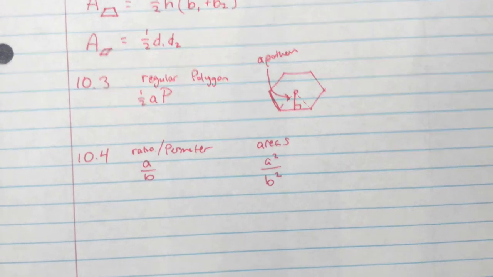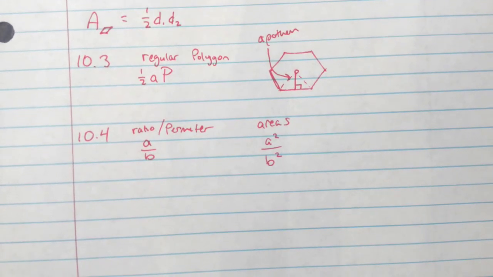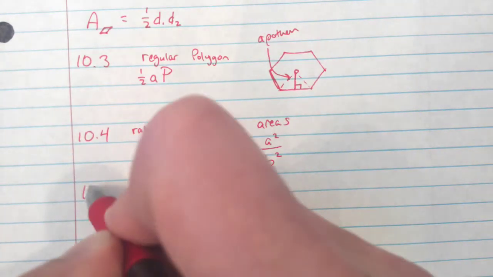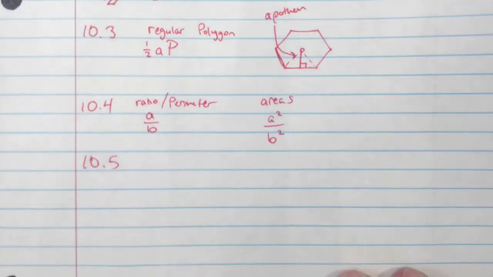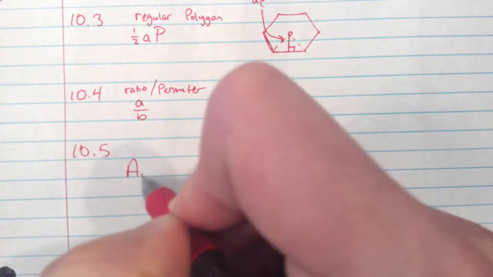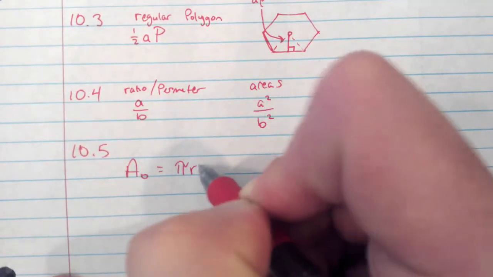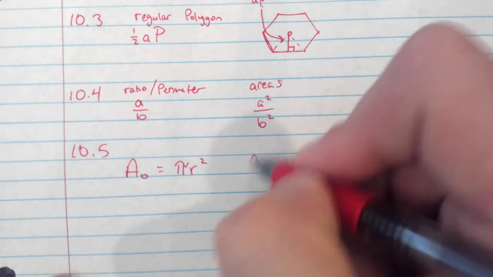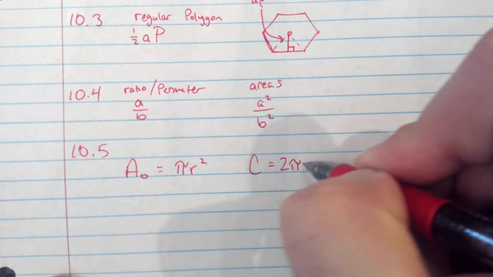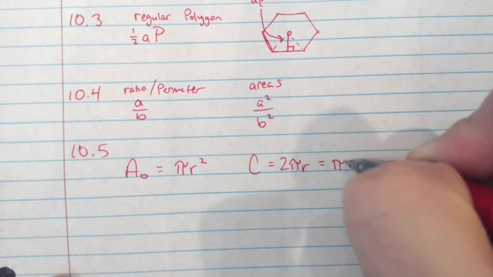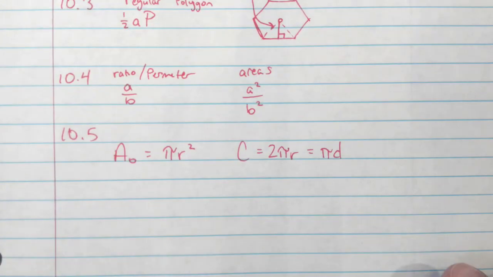Section 5 was all about circles. So the area of a circle is pi times radius squared. The circumference of a circle is either 2 pi r or pi d, pi times the diameter.